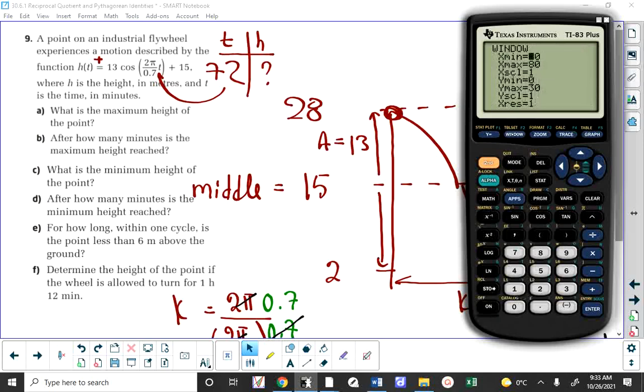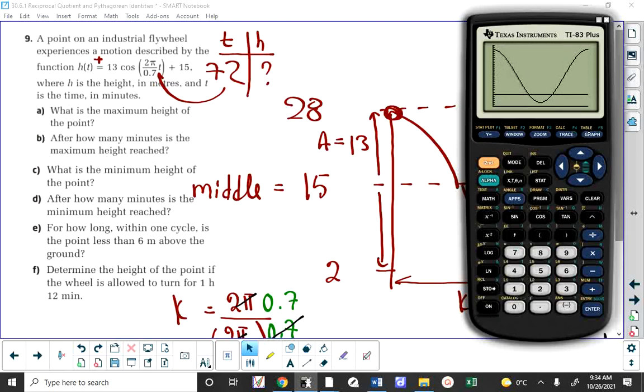So now to answer E, I'm not going to go through all of the work, I'm just going to tell you how we would do it. If you want to know when that point on the flywheel is less than 6 meters, then you're going to have to graph y equals 6.